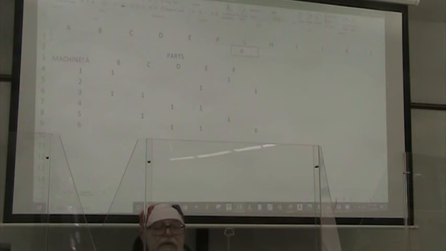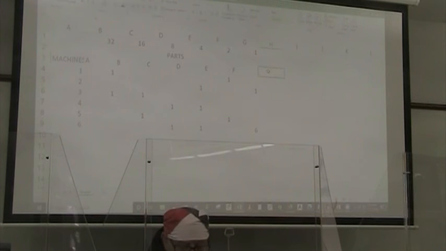All right, so using my scheme again of 1, 2, 4, 8, 16, and 32, we can rank these machines. All right, so machine 1 equals 32 plus 2.